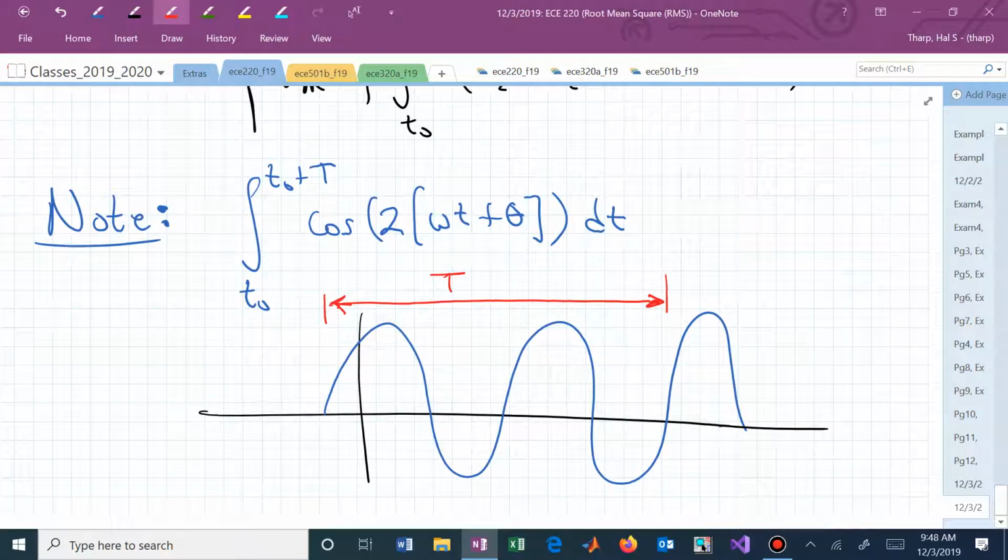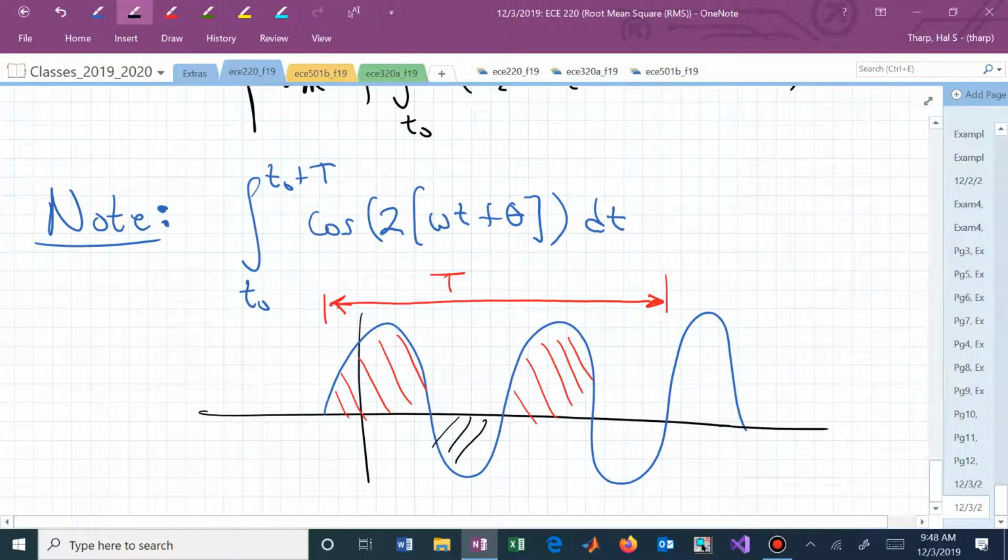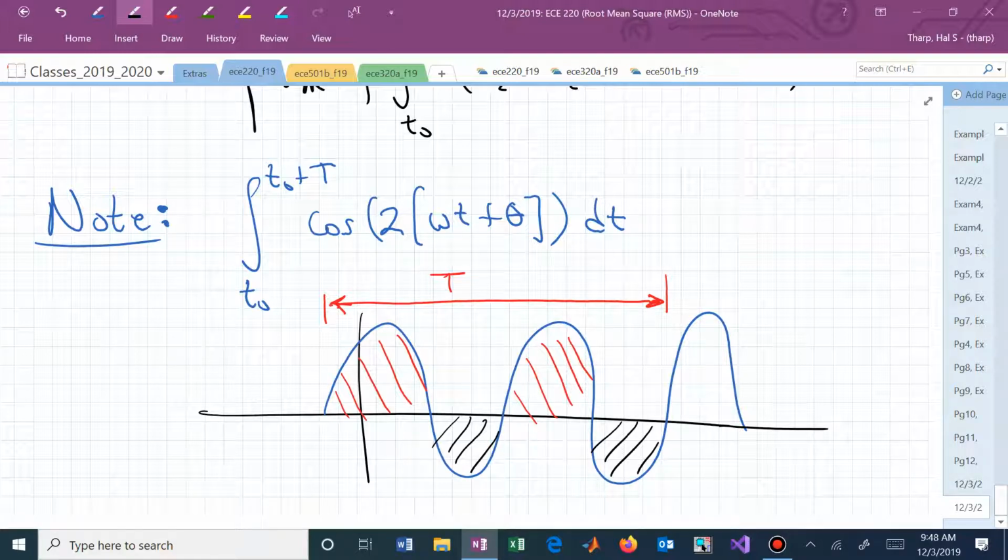So I'm integrating over that one period, and hopefully you can see what I'm trying to suggest, although my drawing is not going to be representing that. The positive area should equal the negative area if I'd drawn this accurately. Are we comfortable with that?